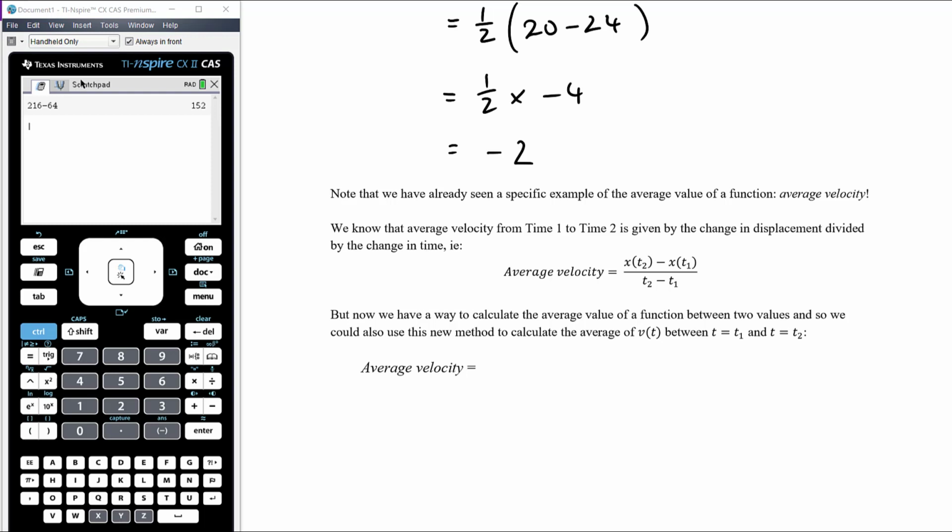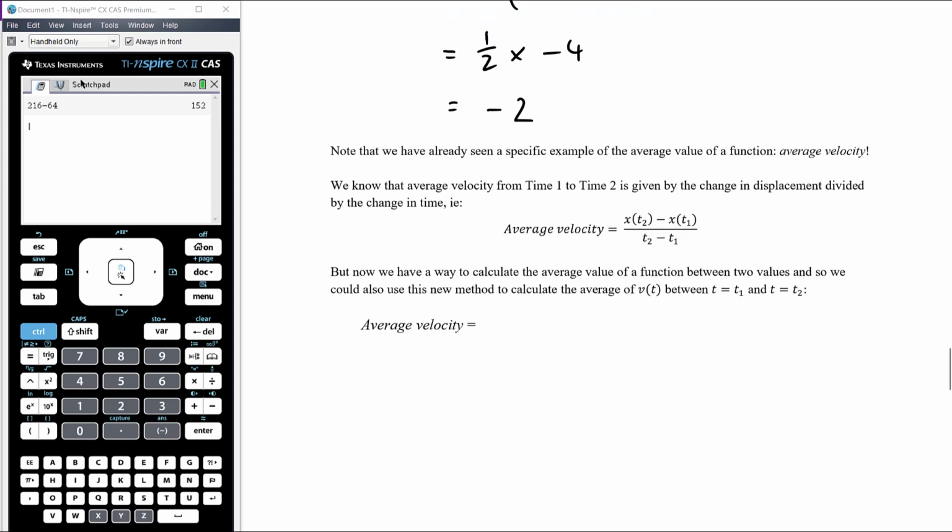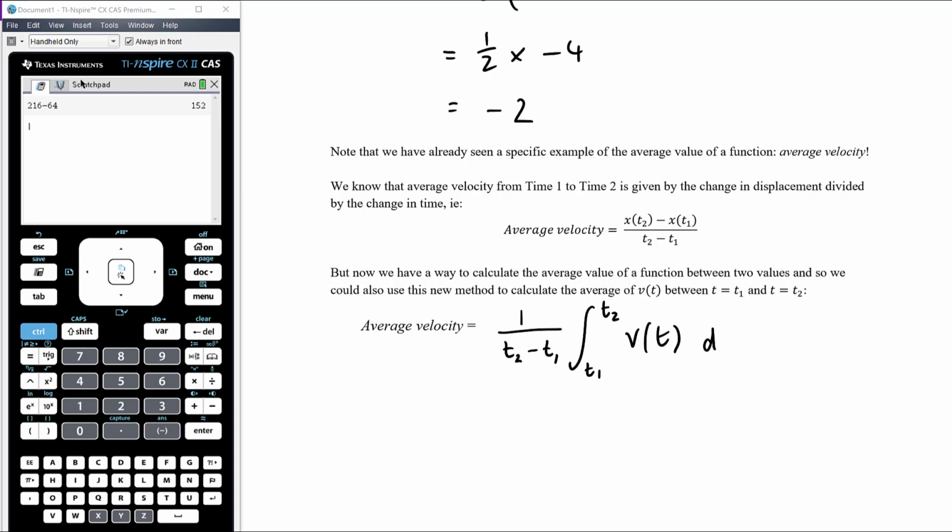But if we think about average velocity as being the average value of the velocity function between time 1 and time 2, we could use our average value formula. So 1 over t2 minus t1, integrating from t1 to t2, our velocity function. That would be using the average value formula.